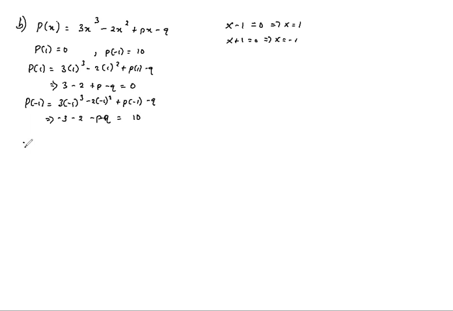So now what we have is simultaneous equations. P minus Q is negative 1 and minus P minus Q is positive 5. From these, if we add, we have negative 2Q is equal to 4, so that Q is negative 2.